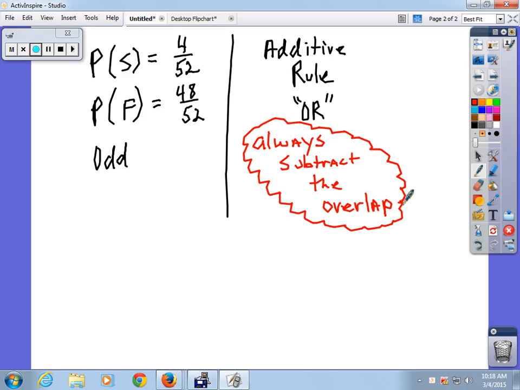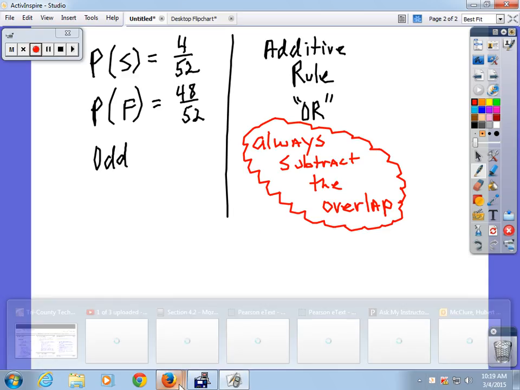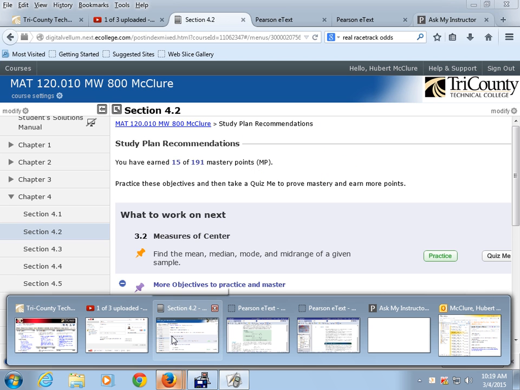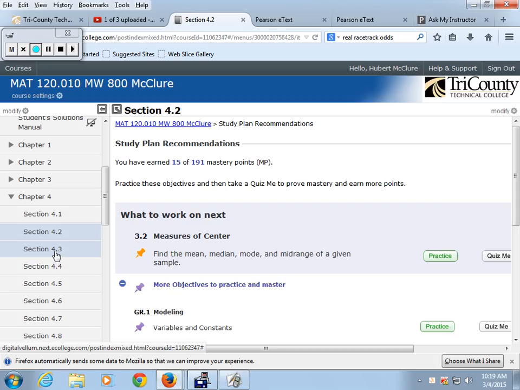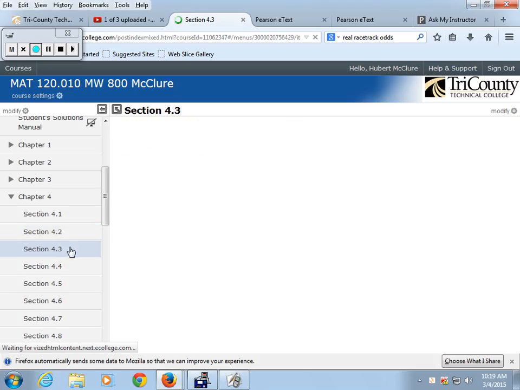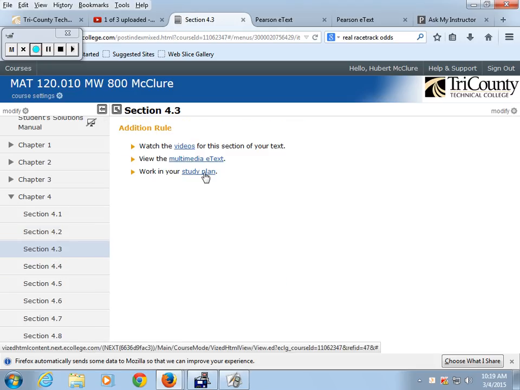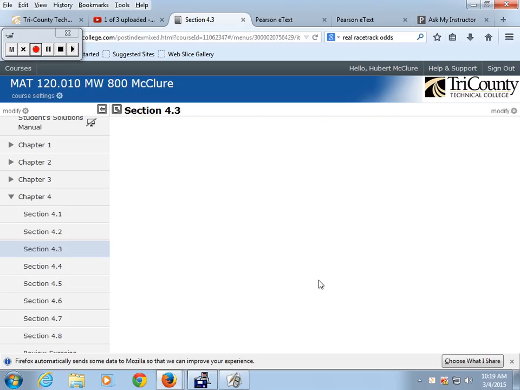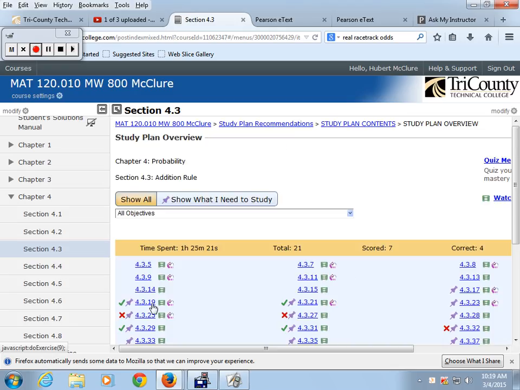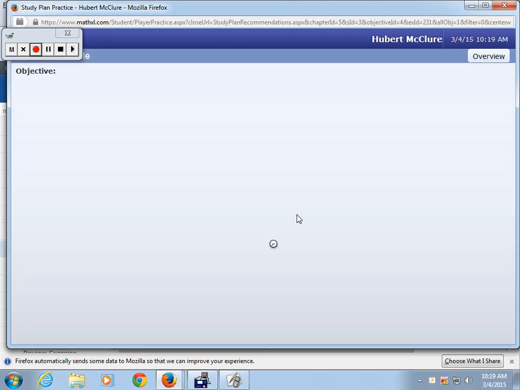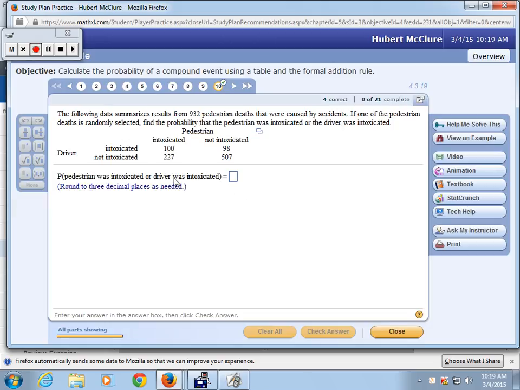So what I'm going to do is pull up a problem. I like to pull this problem up because, let's see if I can pull up the 120 book. Yeah, and 4.3 is that section. See if they have one that I like. Okay, here's the problem.